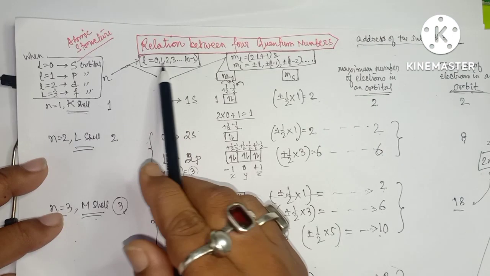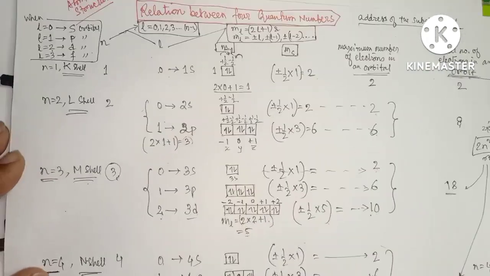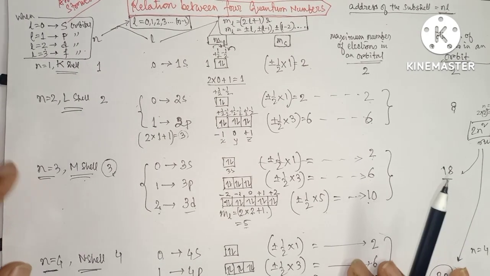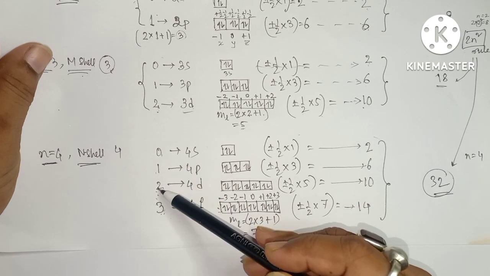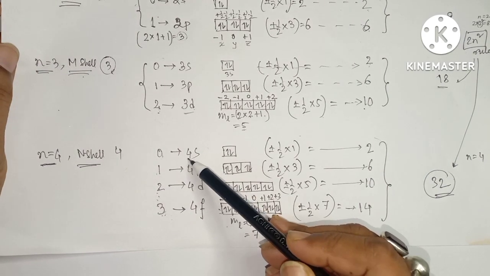You understand this? So now along with 0, 1, 2, we get one more value, 3. For 0, L represents the s orbital, that is 4s.